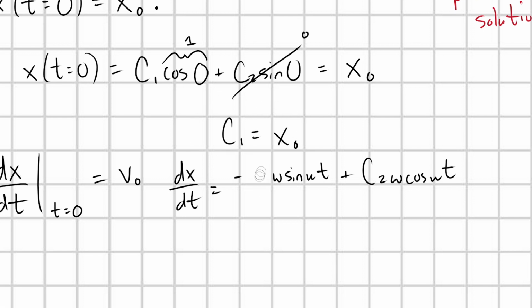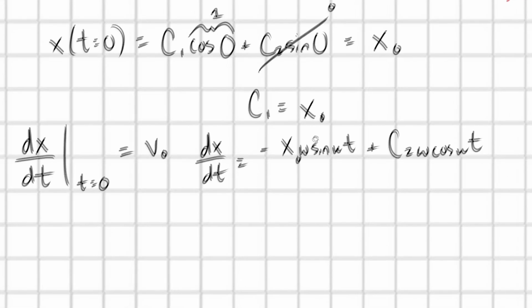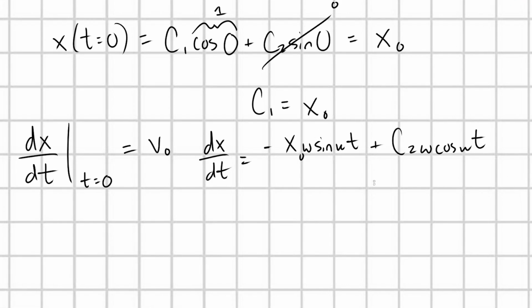And we already figured out that c1 is equal to x naught. So let me just place this in. And again, let's go ahead and plug in t equals 0.